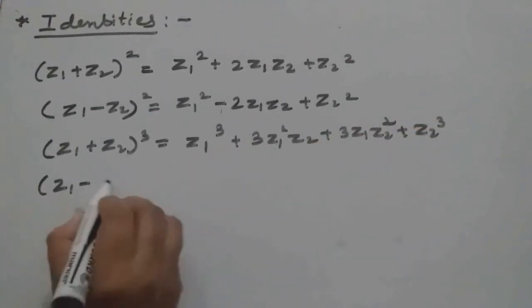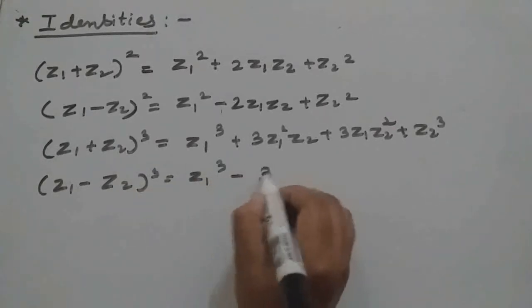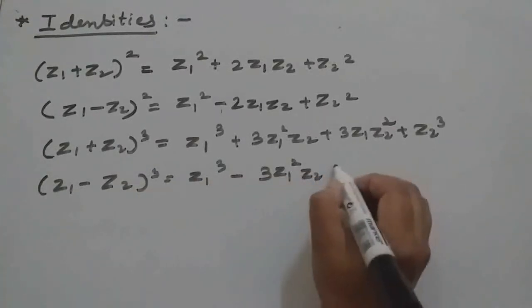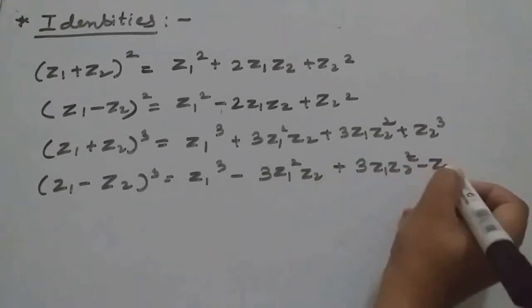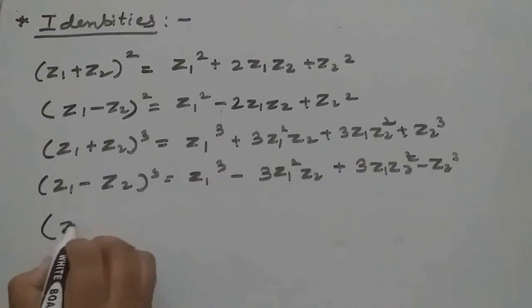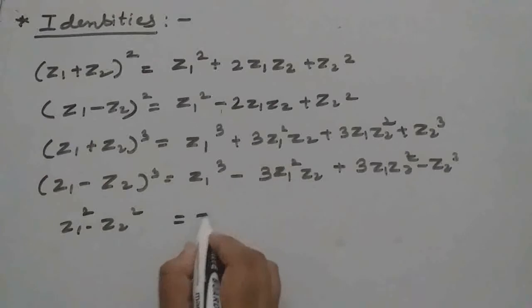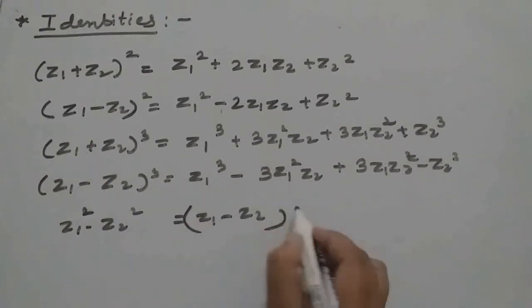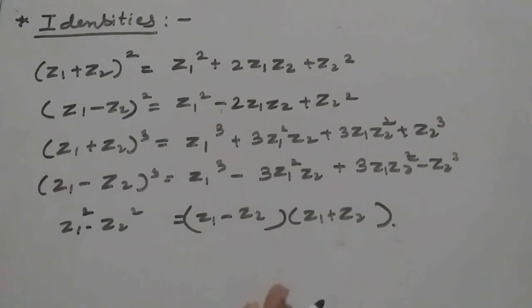Similarly with the minus sign also, z1 cube minus 3 z1 square z2 plus 3 z1 z2 square minus z2 cube. z1 square minus z2 square also, z1 minus z2 into z1 plus z2. Okay, all other identities which are true in case of real numbers are also true in case of complex numbers.